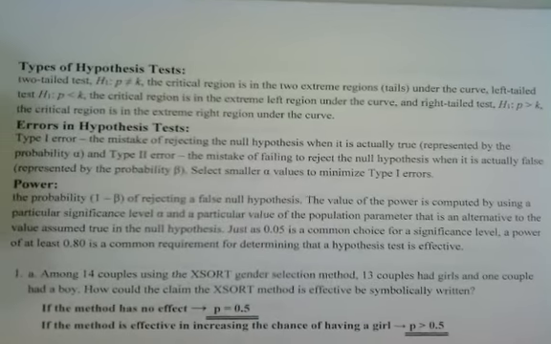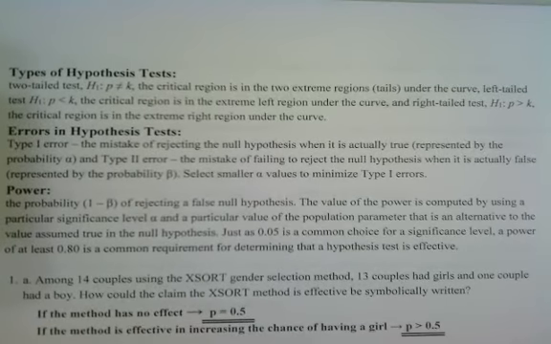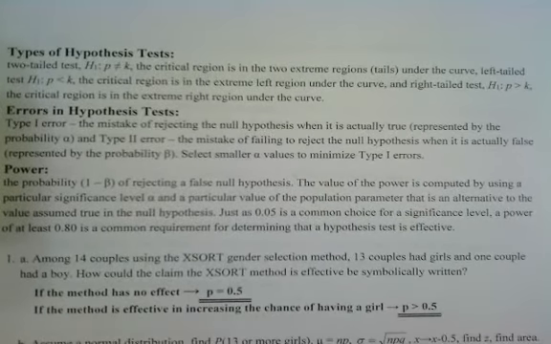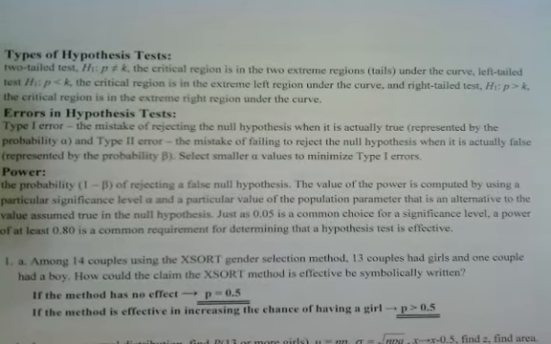Well, if the method had no effect, what's the probability of having a boy or a girl? It's 50-50. So the proportion here, p, would just be 0.5, if the method had no effect. On the other hand, how could we symbolically write the claim that the method is effective? Well, effective means it increased the chance of having a girl, and so p is greater than 0.5.